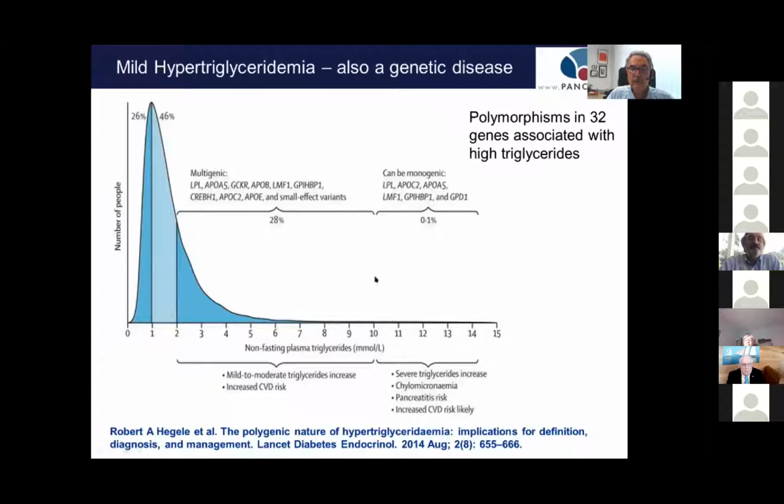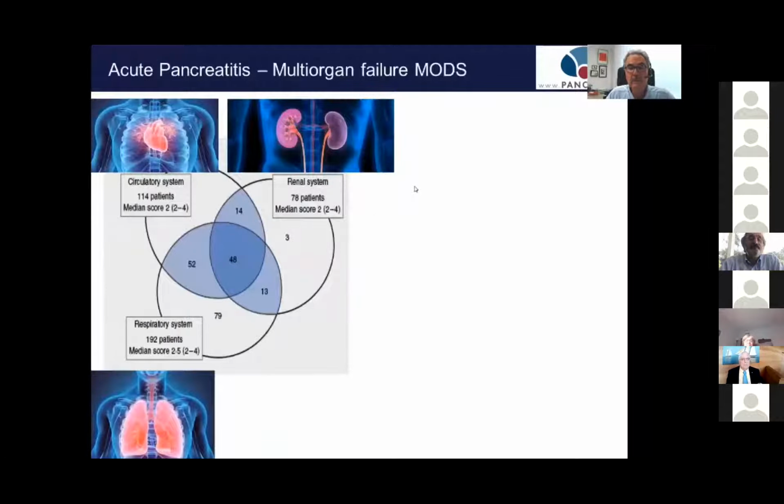However, if they're above 10 millimolar, the number gets much, much smaller. Then we often have a monogenic disease, the most common being lipoprotein lipase mutations or ApoC2 mutations.